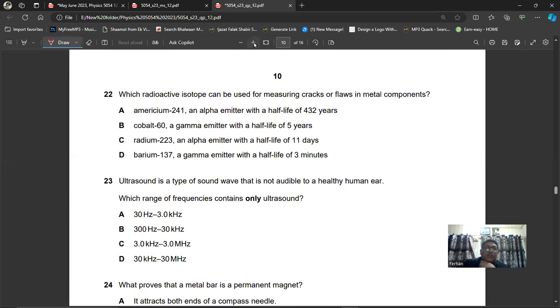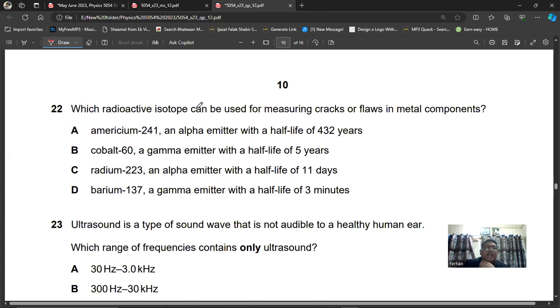Okay, so we are going to question number 20. He says which radioactive isotope can be used for measuring cracks or flaws in metal components? So whatever radioactive isotope you use, it should have a long half-life, so you do not have to change it frequently or often. You do not have to replace it with a new isotope.